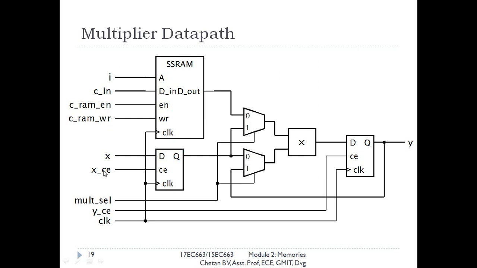The control signals in this circuit, all of them will be controlled by the control section. The values required for the operation of this data path will be supplied by the control section, and internally it controls the operation of this data path.